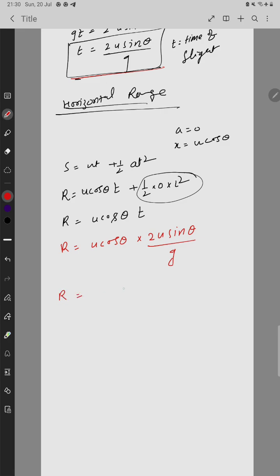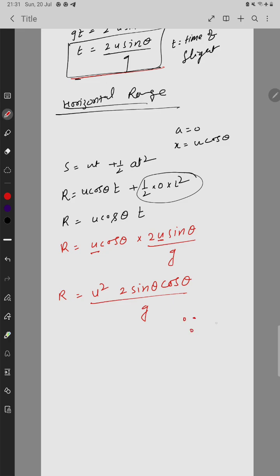R is equal to, you take 2 common, and here u and u are there. So u and u give u square, 2 sin theta cos theta upon g.